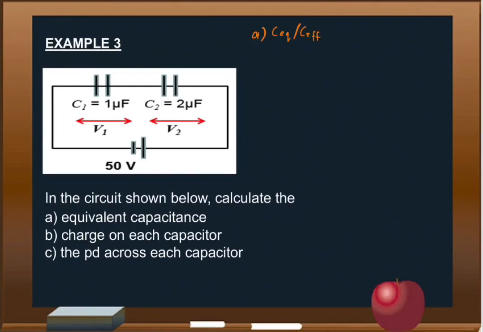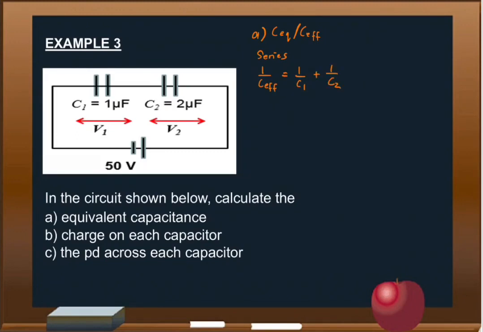From the figure, we can see that C1 and C2 are connected in series. So we know that if we have capacitors that are connected in series, we will get a formula to find the C effective, which is 1 over C effective equal to 1 over C1 plus 1 over C2.